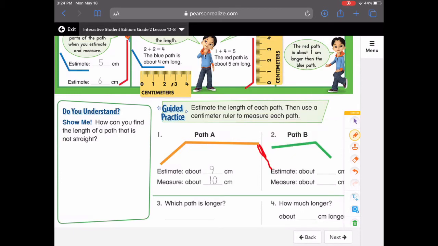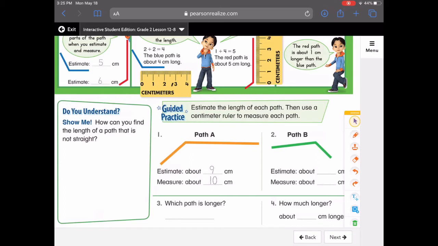Now, would path A always be longer than path B that has 2 parts? No, not always, because sometimes just because there's 3 parts to it, it could be a little tiny short part. And so even though there's more parts, doesn't necessarily mean that it's going to add up to a longer amount.